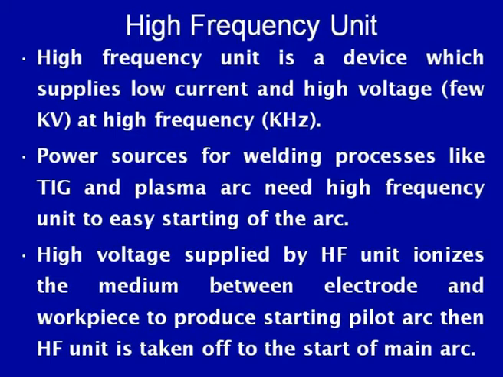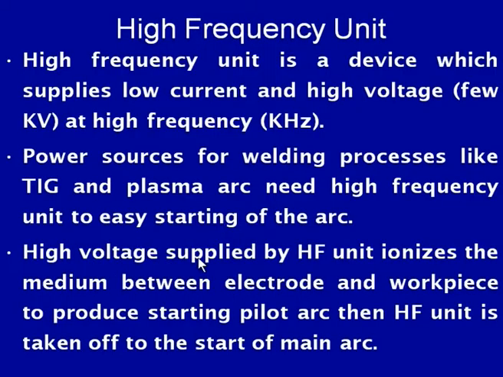The high frequency unit is a device which supplies low current and high voltage of a few kilovolts at very high frequency. So, the power source for welding processes like tungsten inert gas and plasma arc welding needs the high frequency unit for easy starting of the arc. This unit supplies pulses of high voltage, low current at high frequency, which help to ionize the gases present between the electrode and the workpiece to produce the starting arc, that is called the pilot arc.